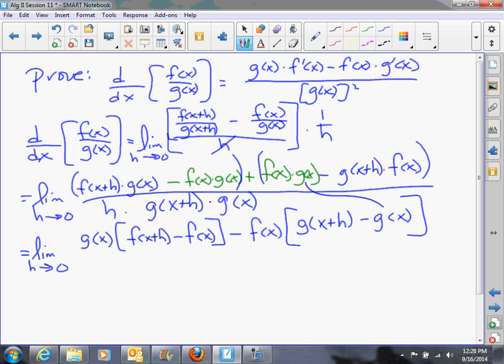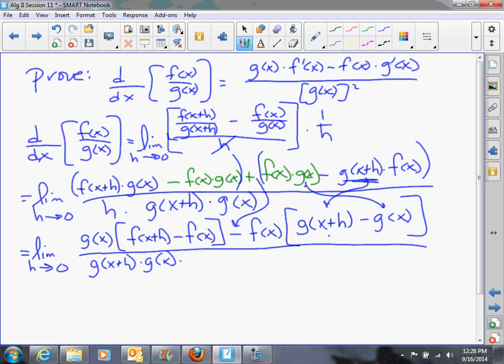This one came down here, and this one was over there, because I took a negative sign out here, which made this term, which was negative, positive, and it made this term, which was positive, negative. And now this is all over g of x plus h times g of x times h.